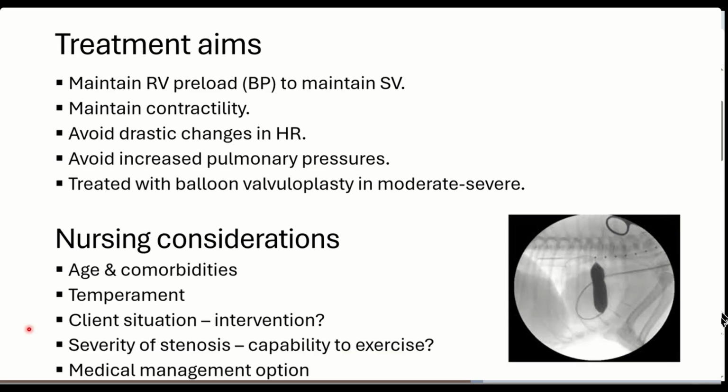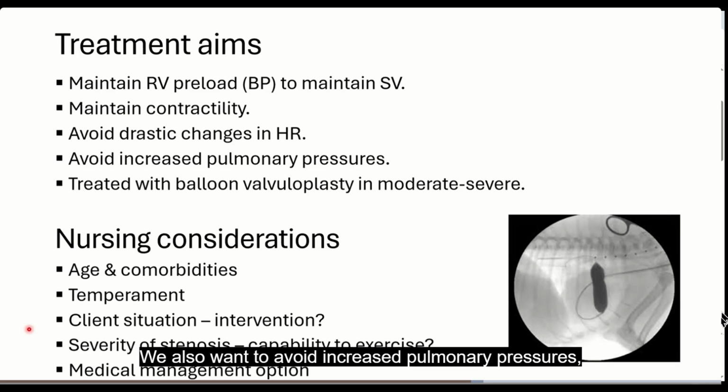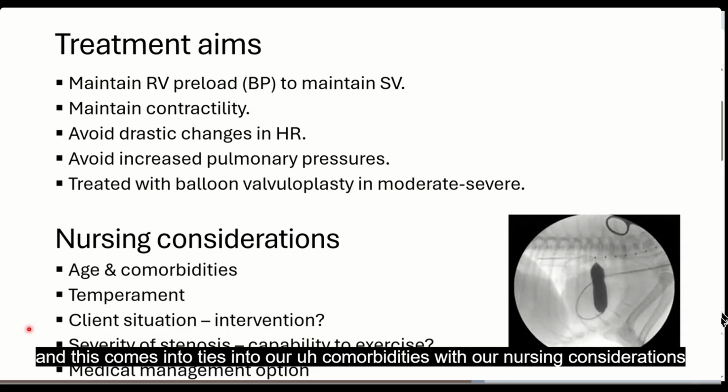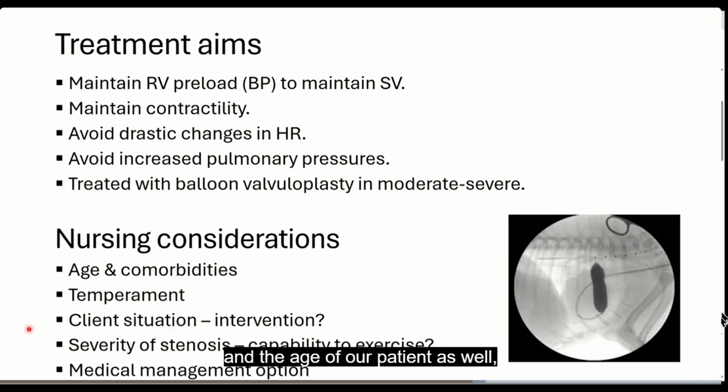We also want to avoid increased pulmonary pressures, and this ties into our comorbidities with our nursing considerations and the age of our patient as well, because with increased pulmonary pressures, we're talking potentially pre-existing pulmonary disease and respiratory disease processes, that crispy lung thing that older dogs get. We love those Westies and Chihuahuas that come in with cardiac issues, but they've also got crispy lung.